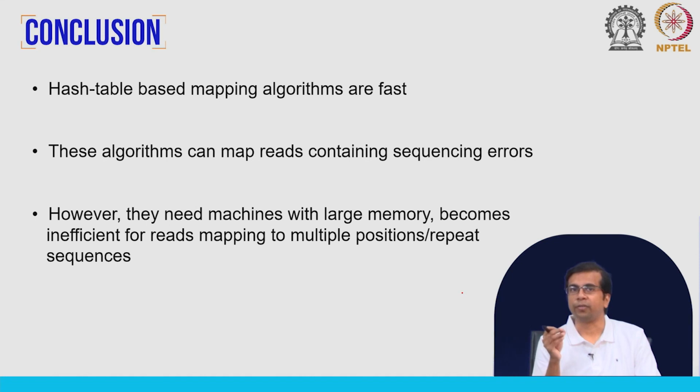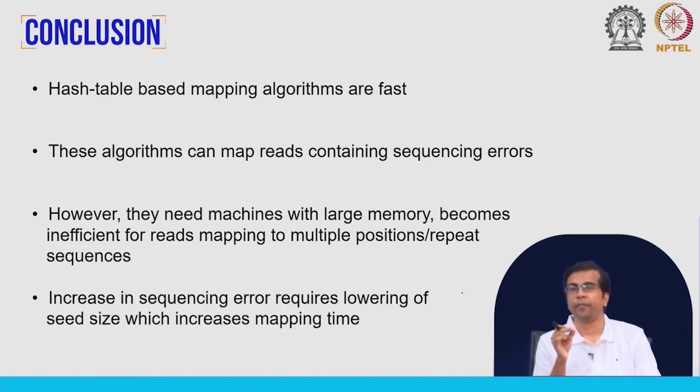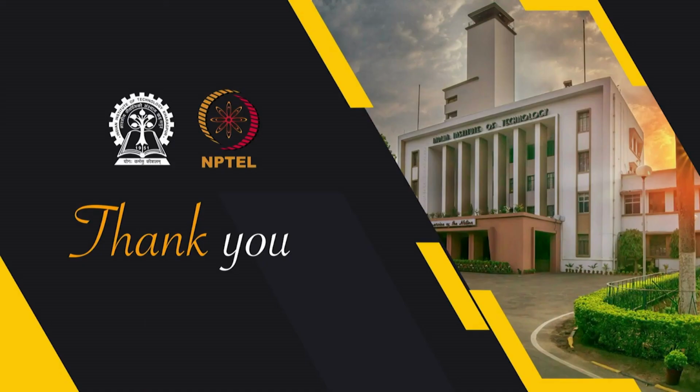This means you have to have special machines, special servers for doing the mapping, and it also becomes inefficient for mapping to multiple positions or repeat sequences. Also, with the increase in sequencing error, which long read sequencing platforms have, it will require lowering of seed size, which will mean multiple hits and will increase mapping time. That is it. Thank you.